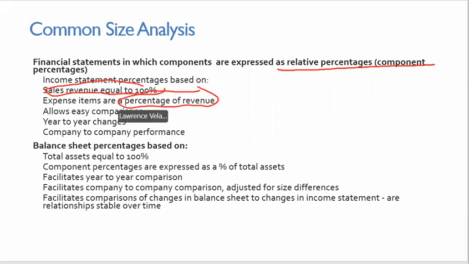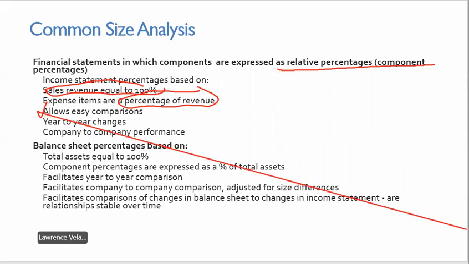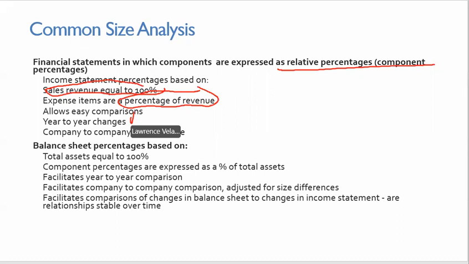Why? So that you can easily compare differences in trends. It's easier to find the trend if you look at everything as a percentage of sales. It also allows you to look at year-to-year changes and company-to-company comparisons.